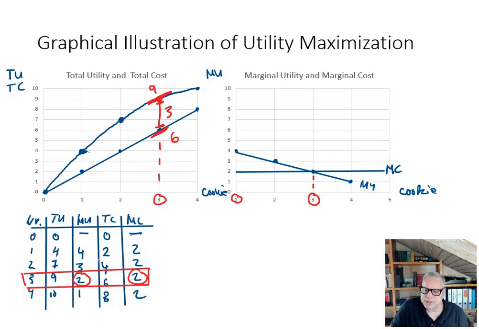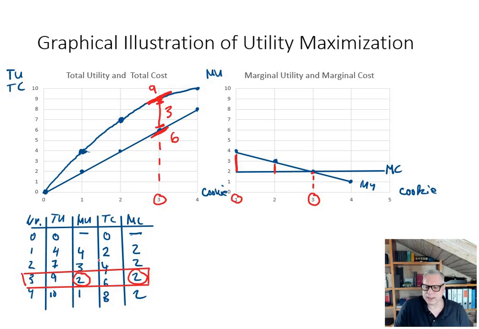And we can also see that here by, for the first cookie we get a net utility of 2. We get a marginal utility of 4, but we have to pay only 2, so we get 2. And for the second cookie we get a marginal utility of 3, but we have to pay only 2, so we net another 1. And for the third cookie we don't net anything anymore.